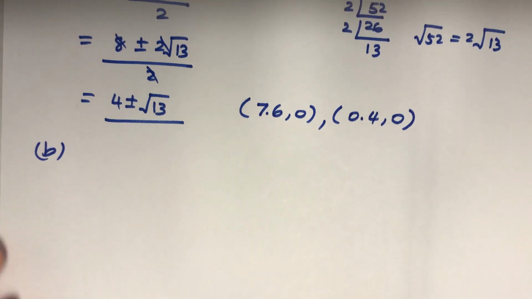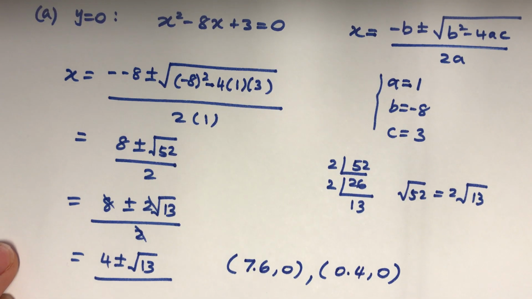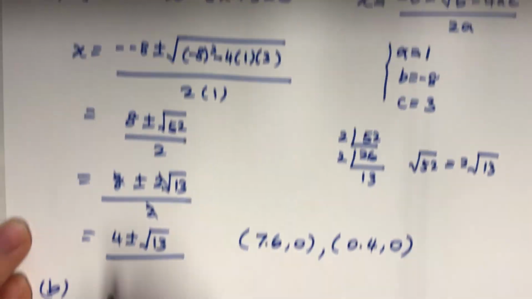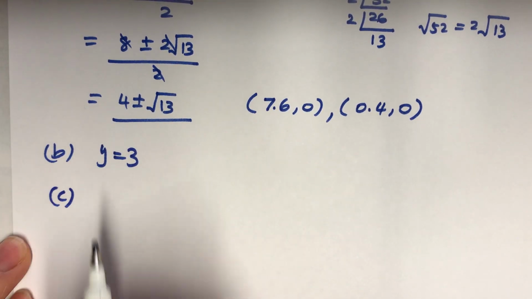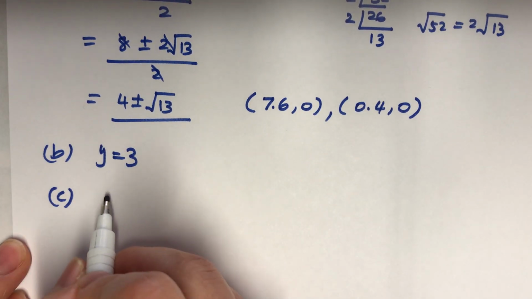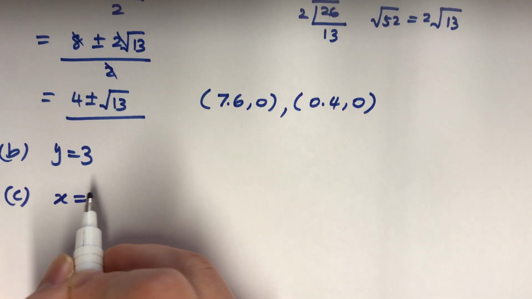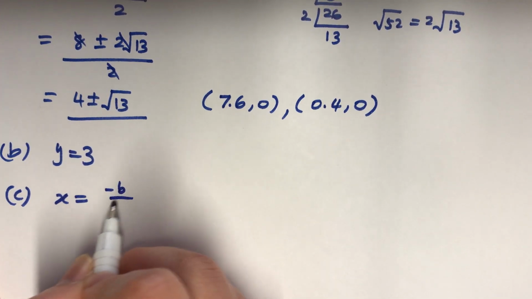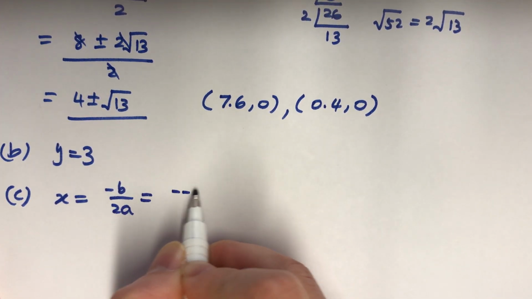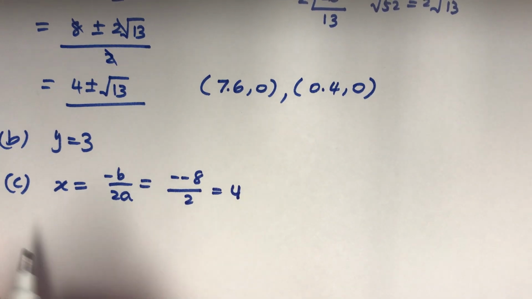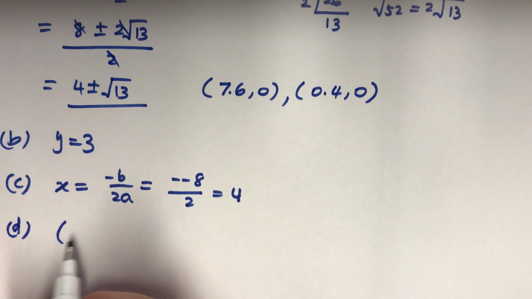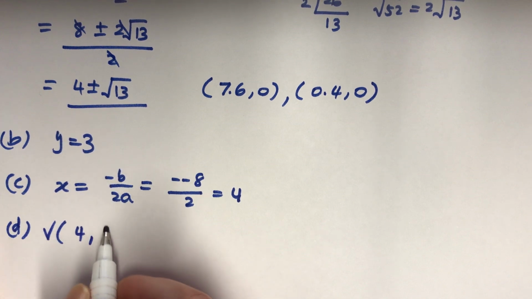Now my y-intercept when x equals 0, that's easy, isn't it? That's just 3. So I'm just going to go 3. And c will be axis of symmetry, x equals minus b over 2a, which is minus 8 over 2, equals 4. Okay, and d, vertex will be 4 comma y.